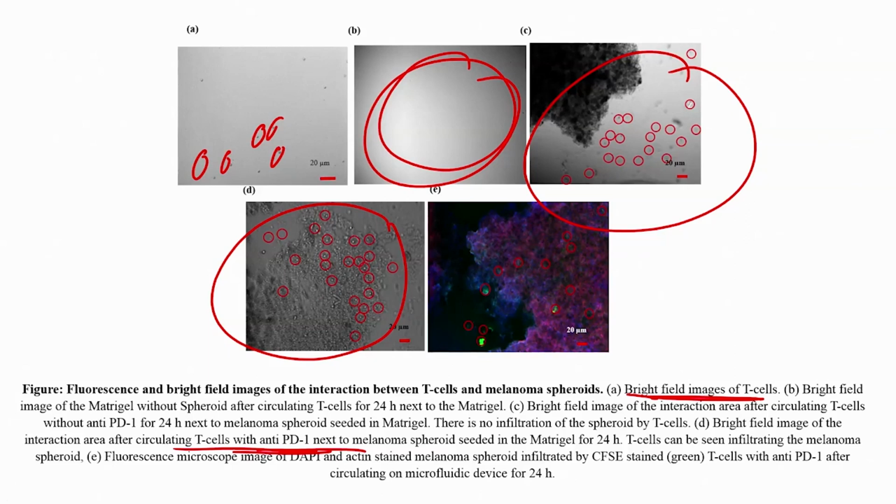You block the immune checkpoint on T cells, which will cause T cells to go nearby the tumor and start killing the tumor. Finally, what we see in E is a fluorescence microscope image of DAPI and actin stained melanoma spheroid infiltrated by CFSE stained T cells with anti-PD1 after circulating on the microfluidic device, right.